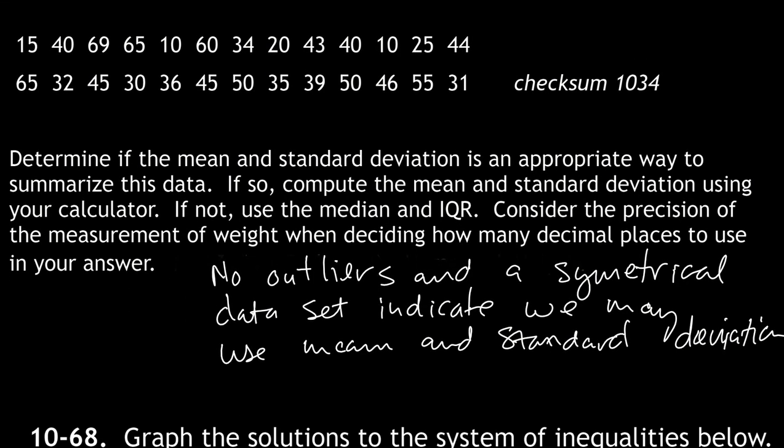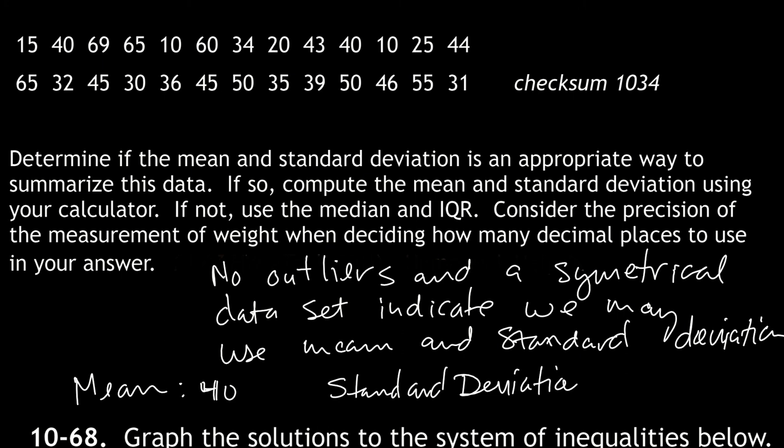So our mean, the typical value that we're looking at, is 40, and then how much do individual elements deviate from that mean? Well, the standard deviation is about 16 kilograms.